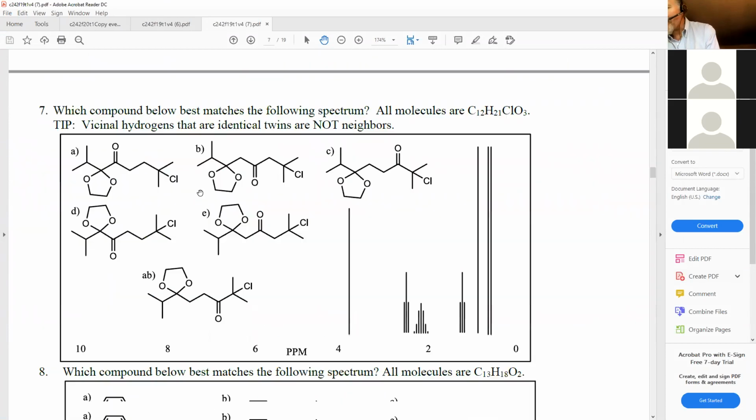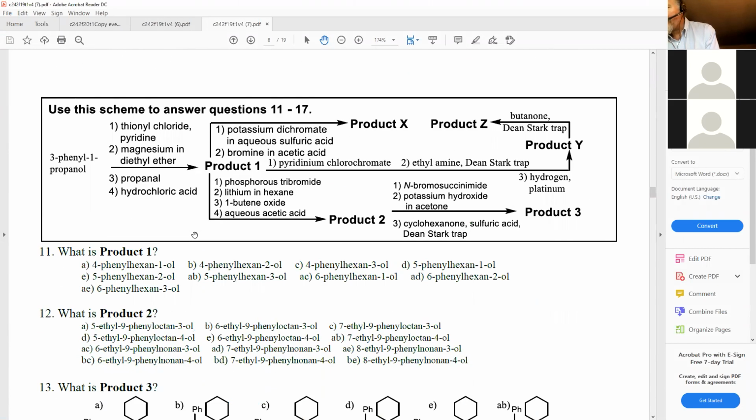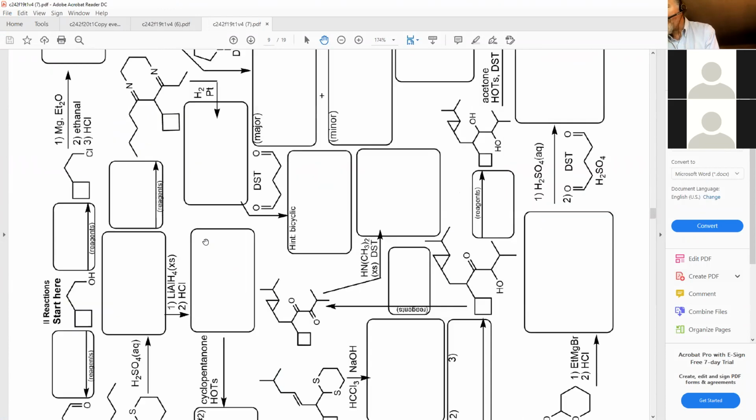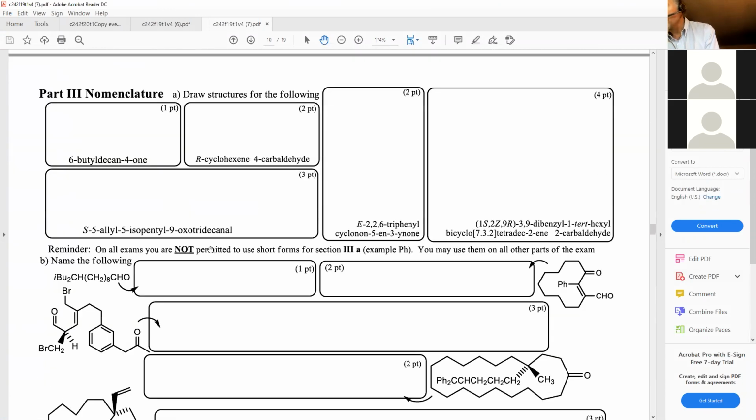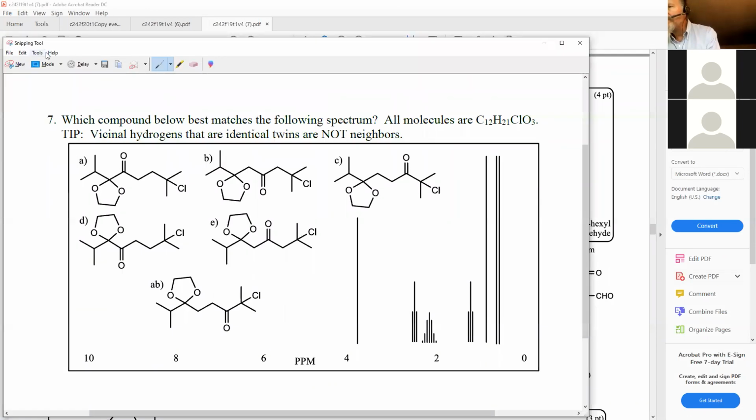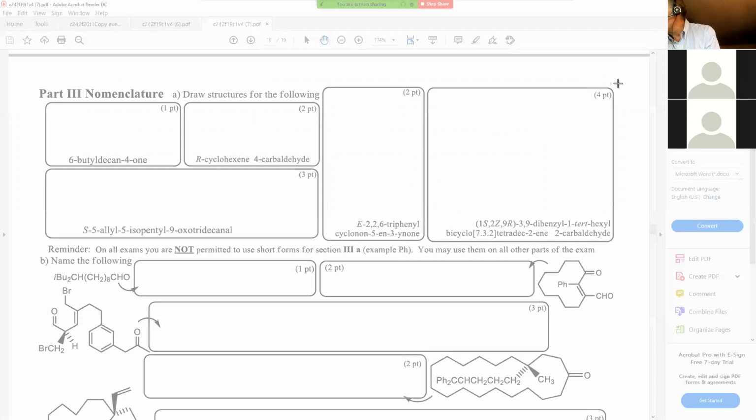Sorry, I misinterpreted that. Part 3 is after that. Drawing bicyclo with proper stereo center. I assume we want to do that one. It's good review anyway, regardless. So we'll grab it. And here it is.